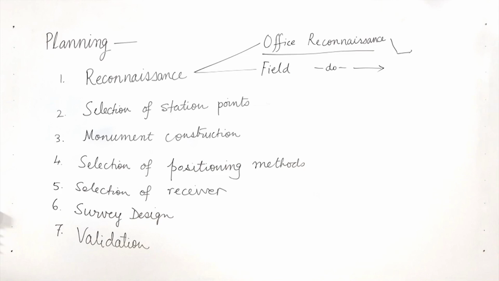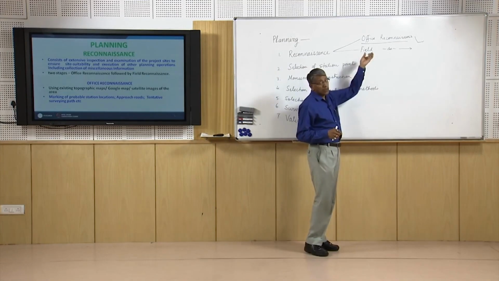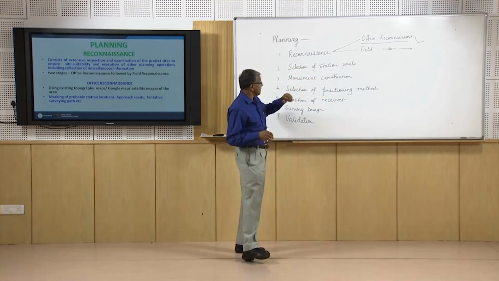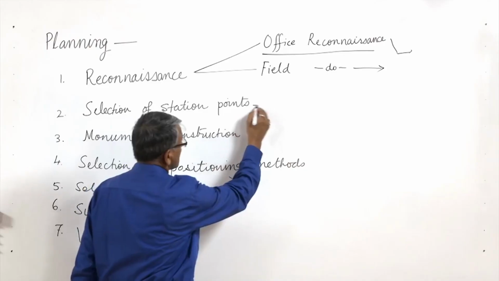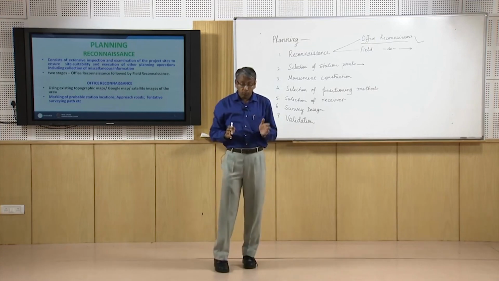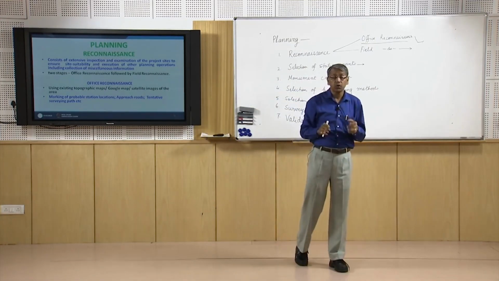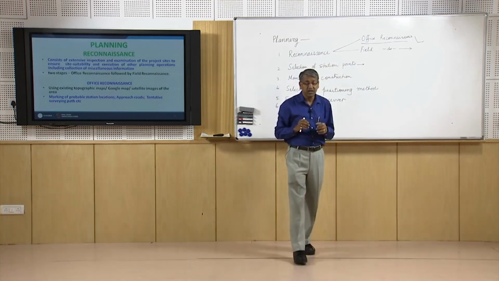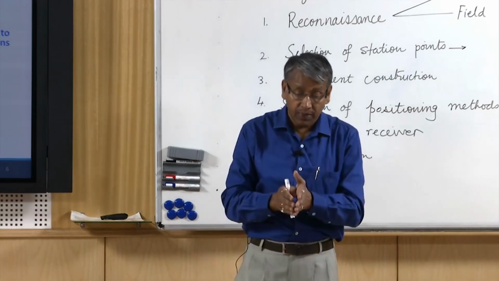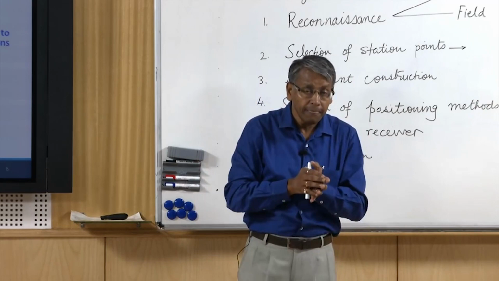Also during field reconnaissance we acquire some field data which we will be using in future for our other planning purposes. Once this field reconnaissance is over, we have more or less decided the locations where stations will be installed or considered, and our route to the stations or project area.